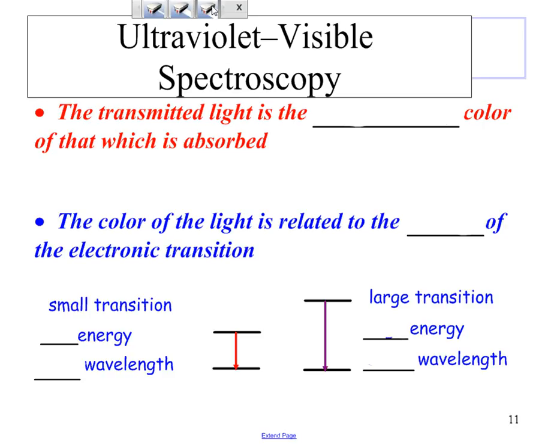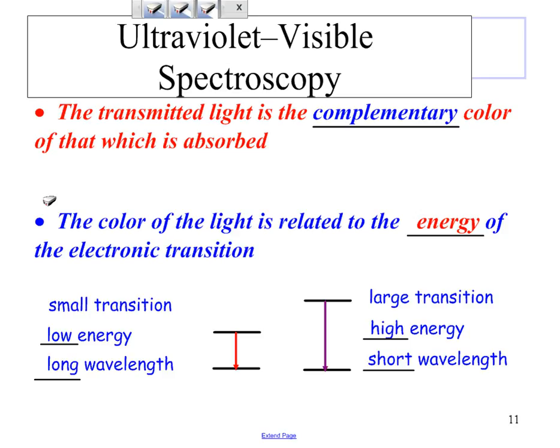All right, let's talk a little bit about the colors we see. The transmitted light, the light that passes through, is the opposite of the color that's absorbed. And the color of light is related to the energy of the transition.